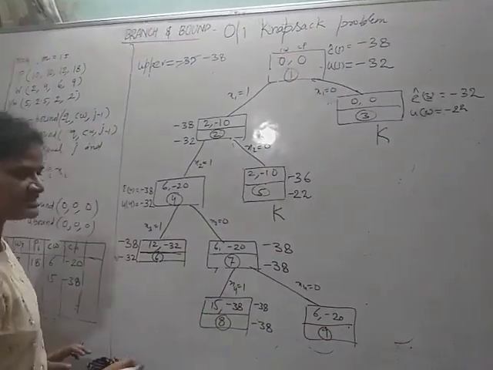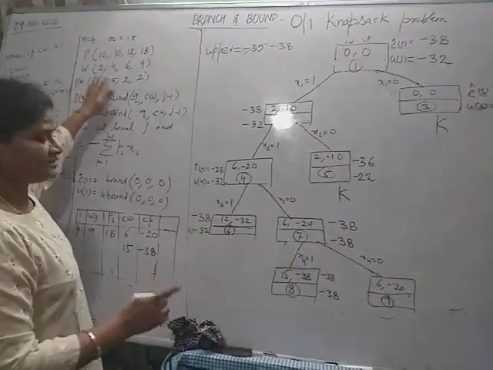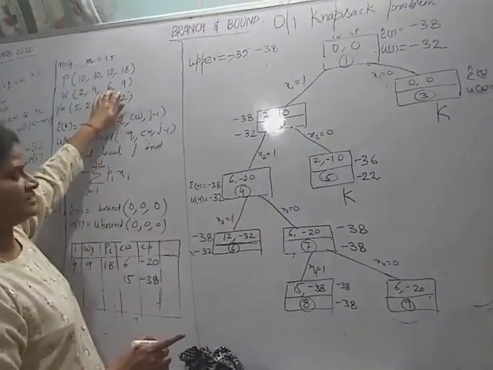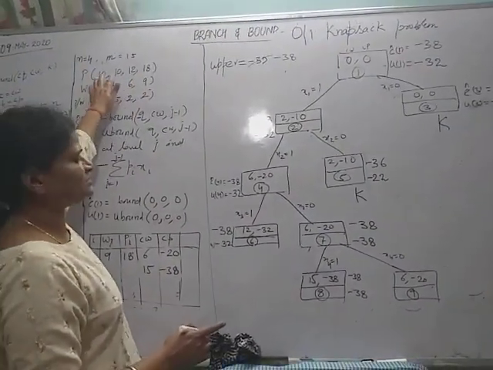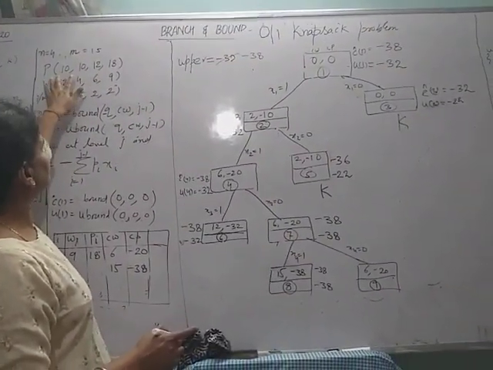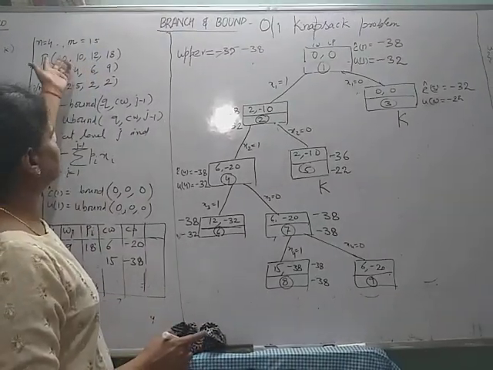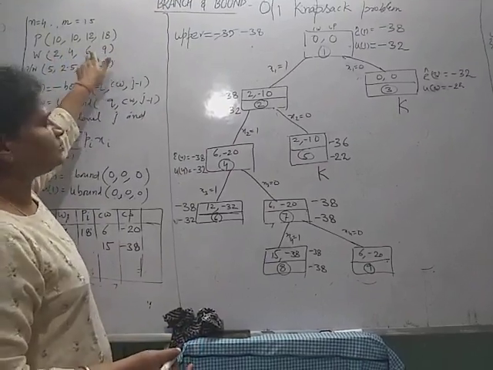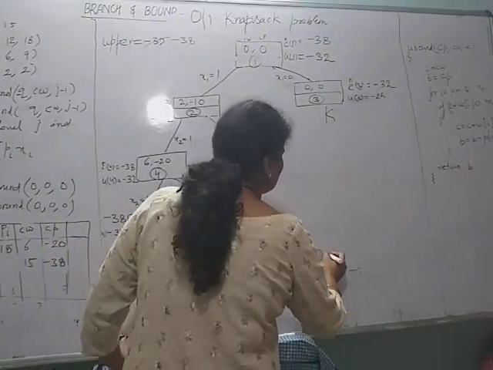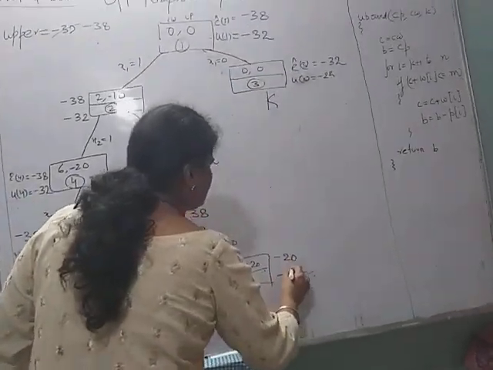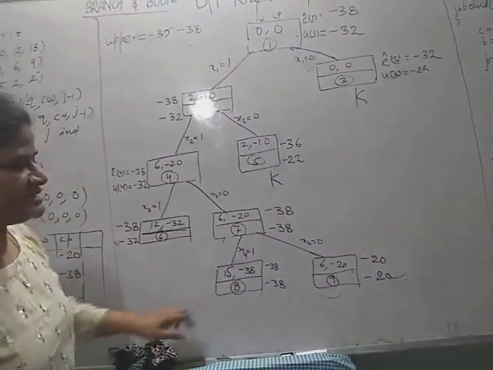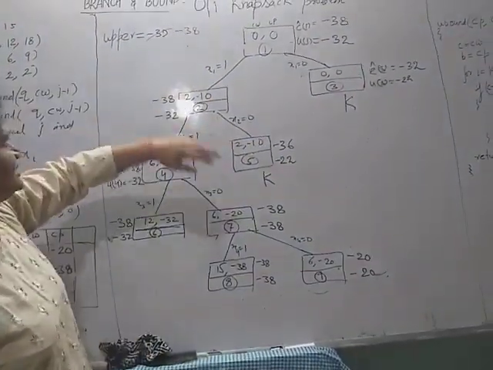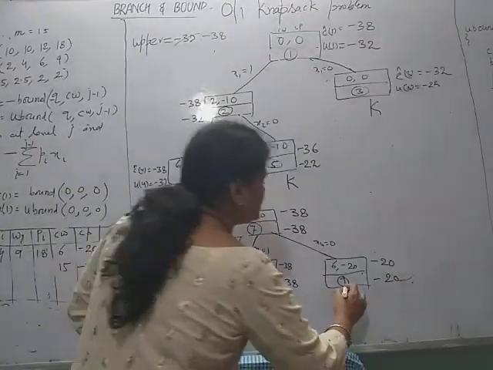Here the fourth weight is excluded, and the third weight is excluded, so simply its profit is 20. In both the cases, I don't have the option. The first and second are considered, so simply here the lower and upper bound both are the same, minus 20 and minus 20. Again, the lower bound value is greater than the upper, so this node is killed.